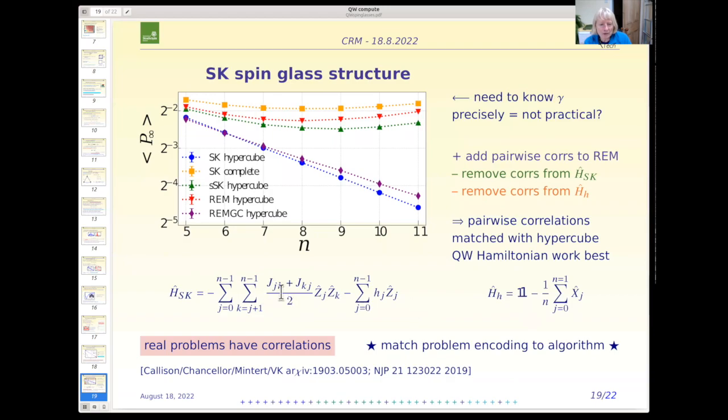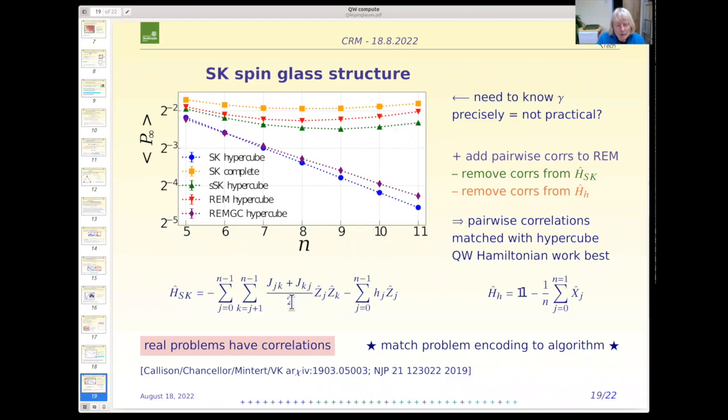So if you've got one of these with a spin up, so it's got high energy, a spin flip is enough to make it low energy. So what you want to do, if you've got pairwise correlations, is single spin flips, and that's what we put together here. And to demonstrate this, we've done several other data sets or modifications of data sets.